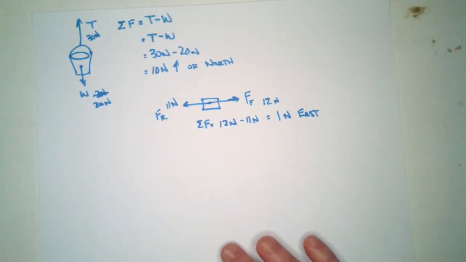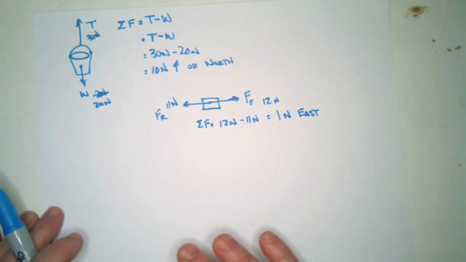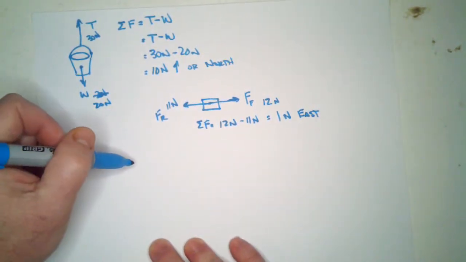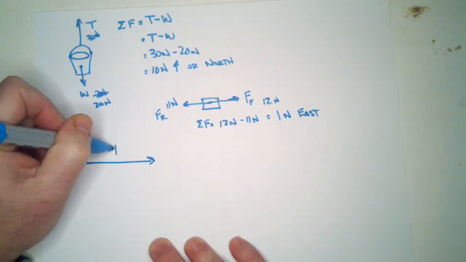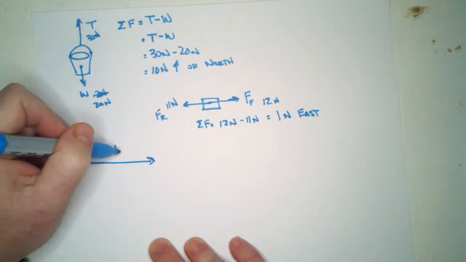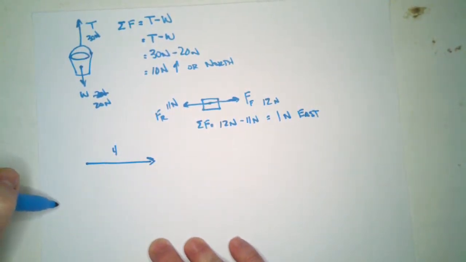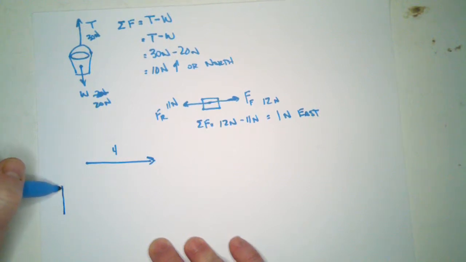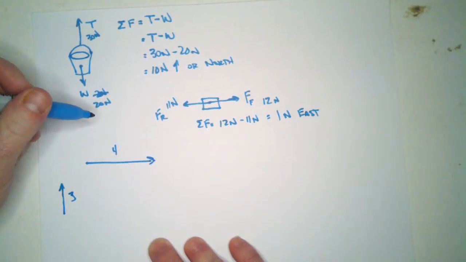So that's forces in one dimension, but we want to move to forces that are in two dimensions. So let's say we have two vectors. One that goes 4 east, and one that's going 3 north.